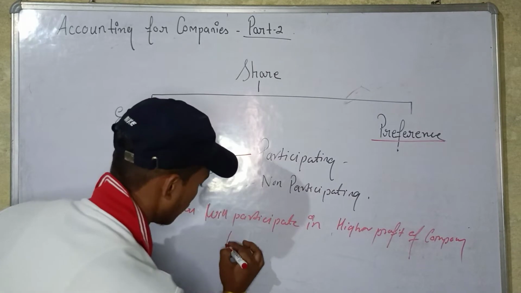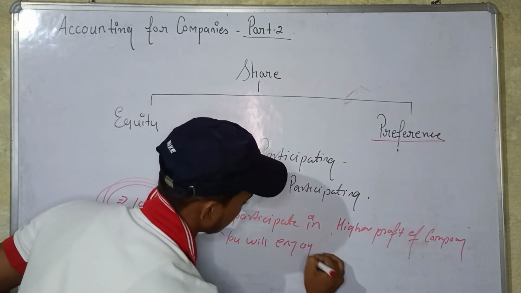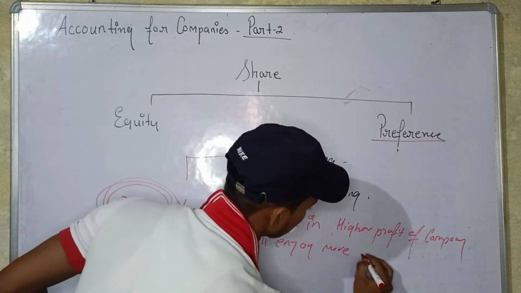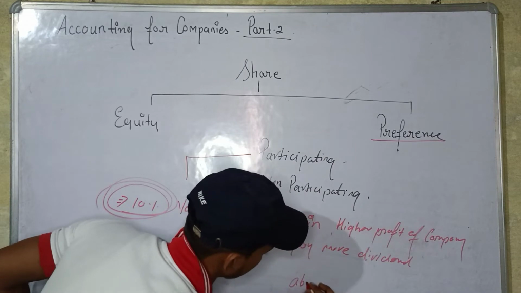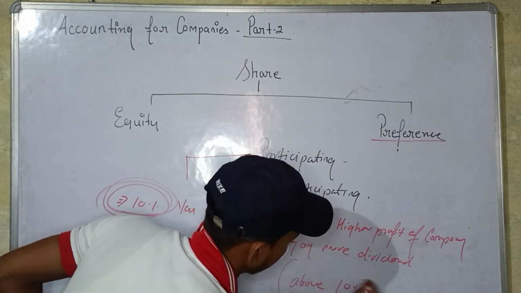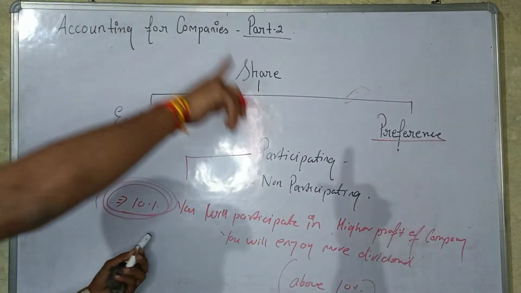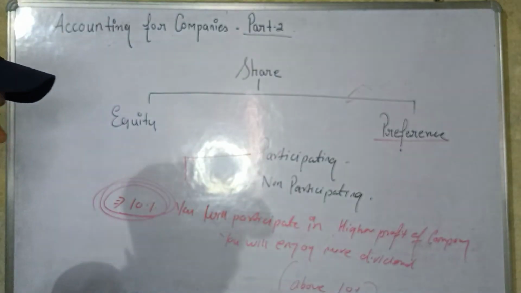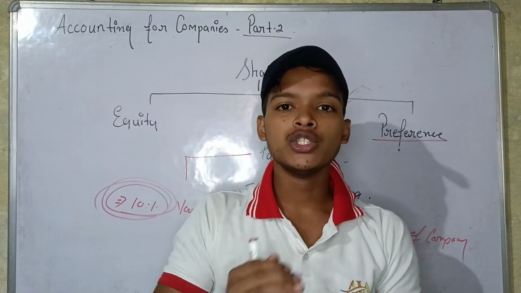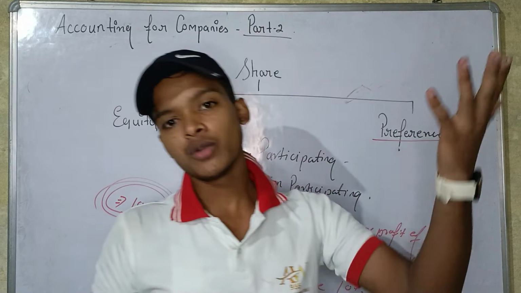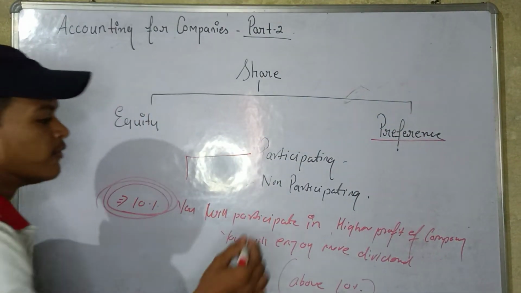You will enjoy more dividend above 10%, what was fixed in the beginning. Clear? You will participate in the higher profit of the company. You will enjoy more dividend above 10%, what was fixed previously.